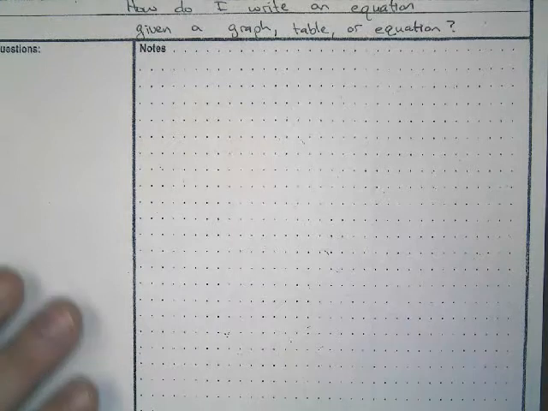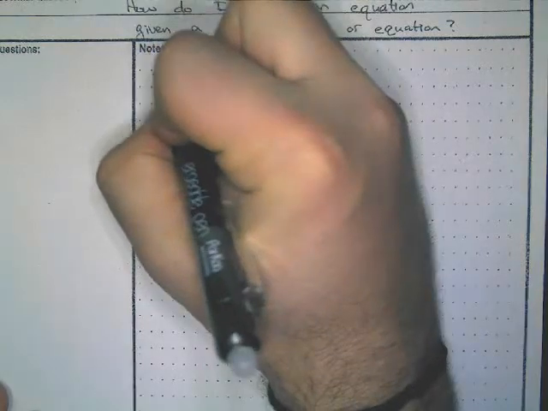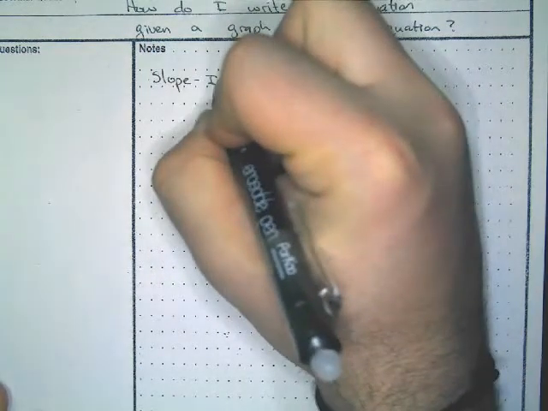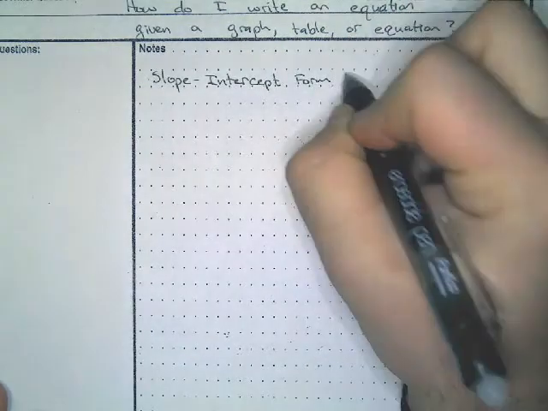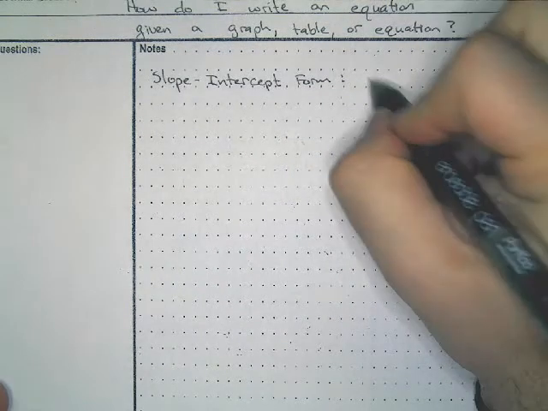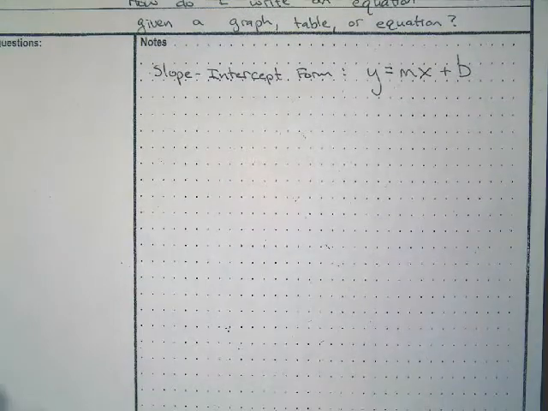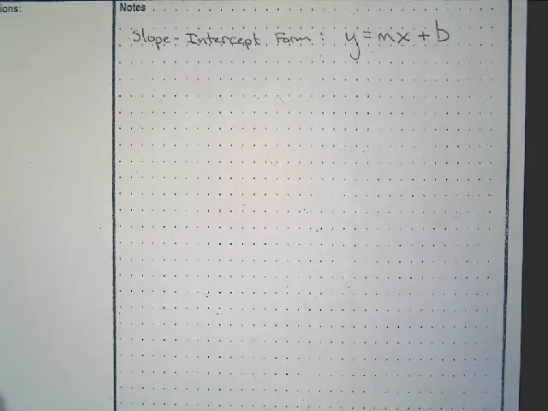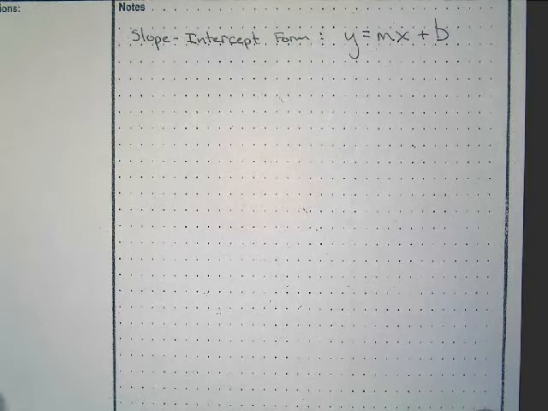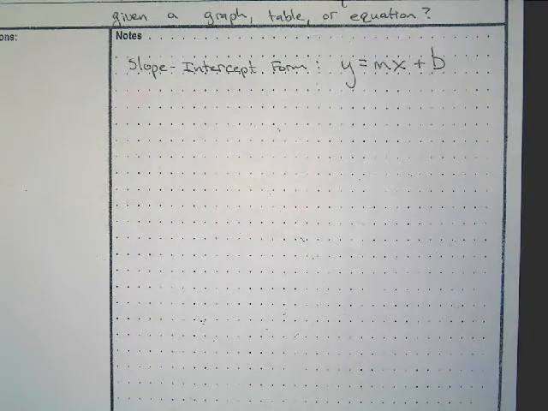Okay. So first we need to always remember what our slope-intercept form looks like. And that's this one, y equals mx plus b. So there's really two things that we need to do.